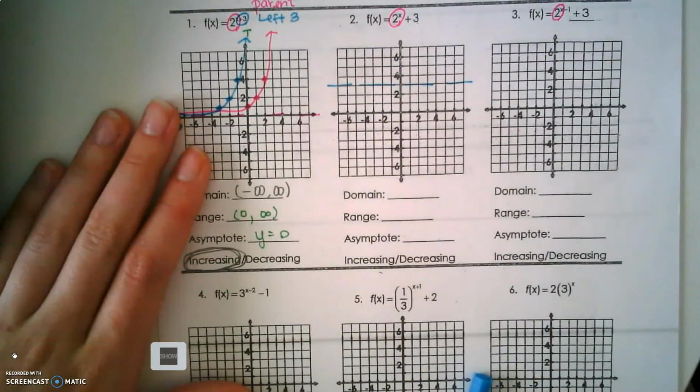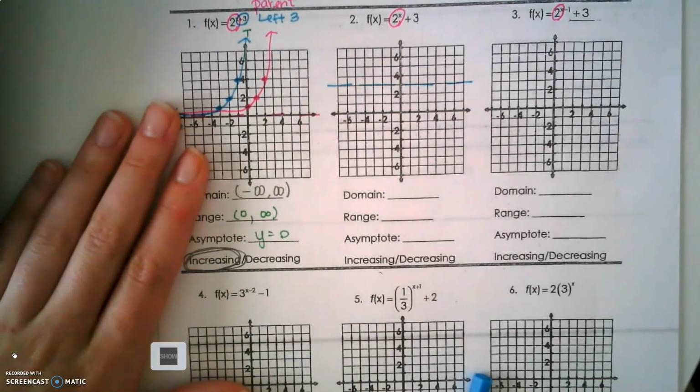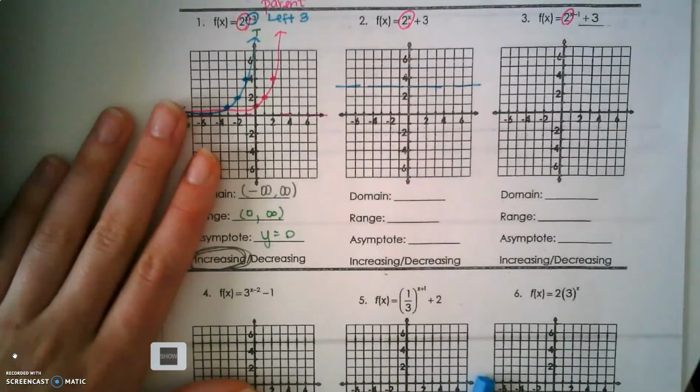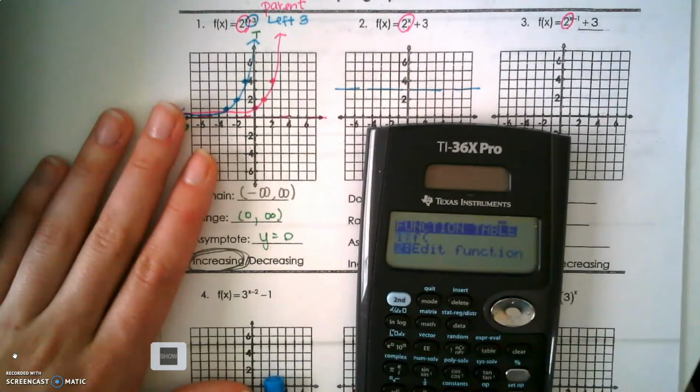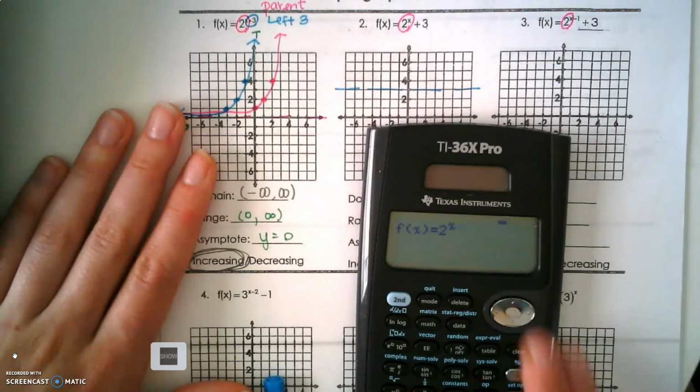And I'm going to scroll back in my table to find points I can actually plot. Well, I think my calculator has officially bit the dust. So let's use a different calculator. Second edit function, clear it out, 2 raised to the x, arrow down, +3.